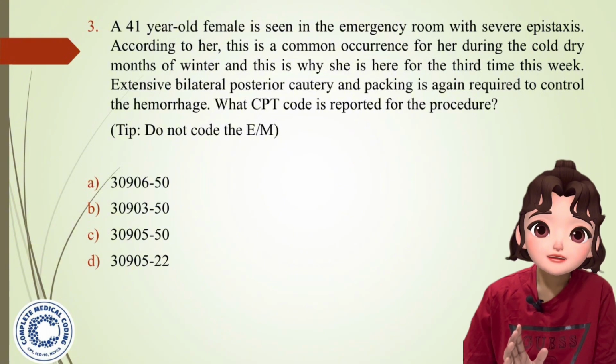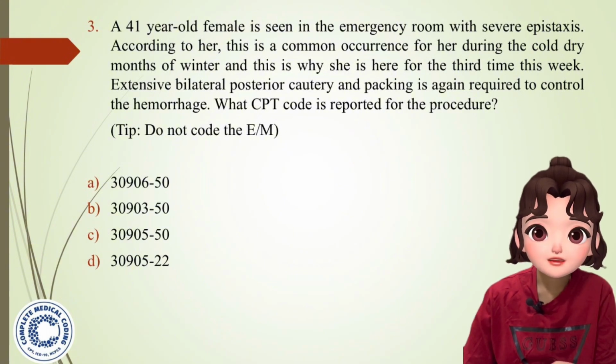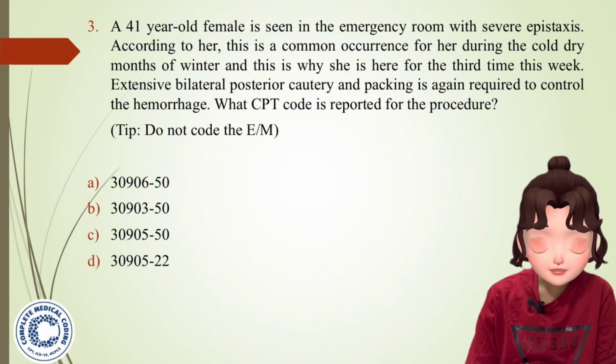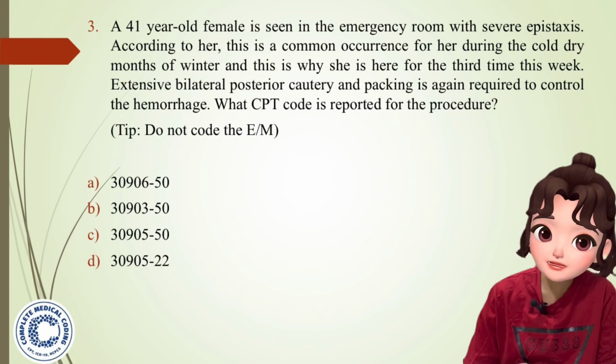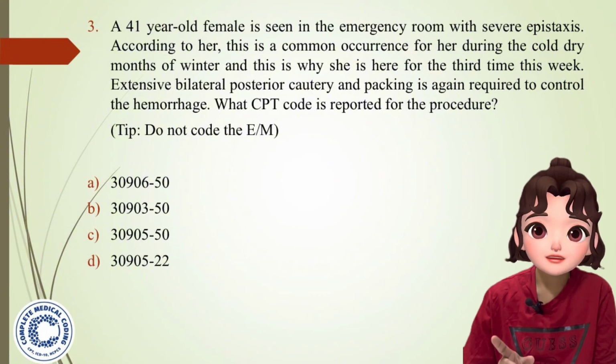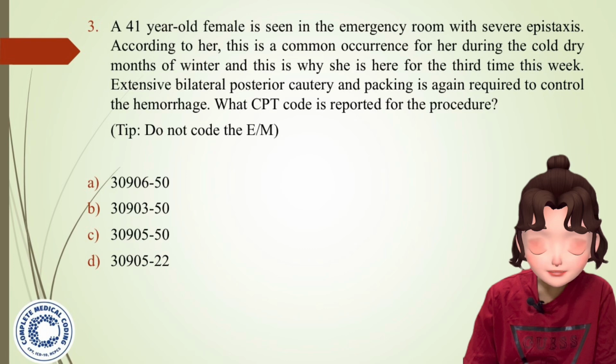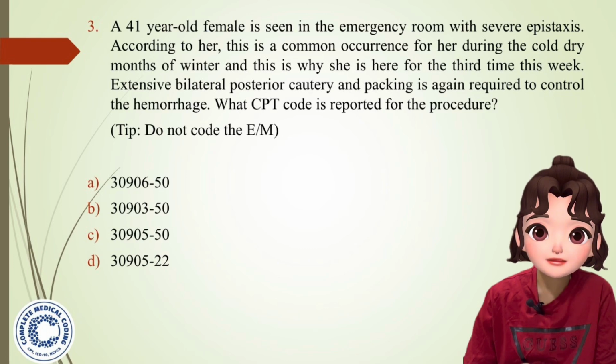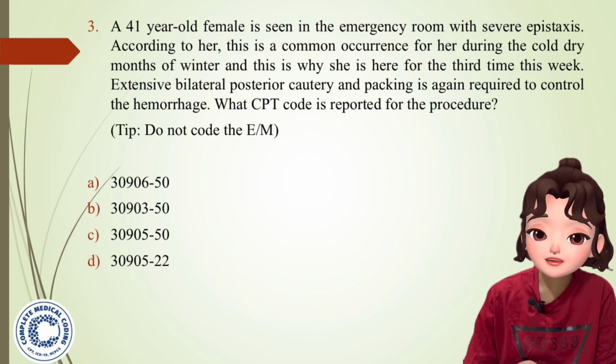Let's check what is option B. 30903. Control nasal hemorrhage, anterior, complex. No, this is posterior. In our question it is extensive bilateral posterior cautery. So 30903 is wrong. 30905 is initial, the same which I had mentioned earlier. This is not initial, this is subsequent.